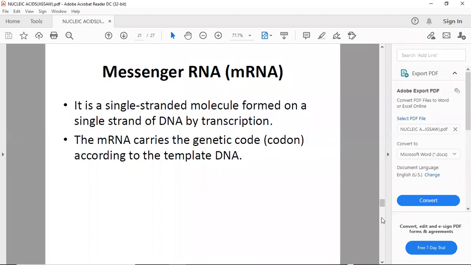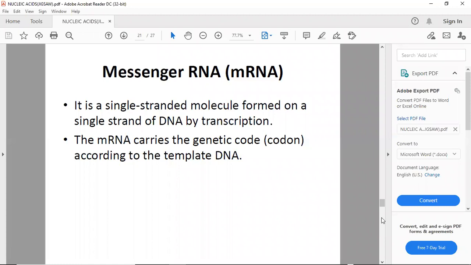So when you look at messenger RNA, it's simply a single-stranded molecule that is formed on a single strand of DNA by transcription, as we are going to be looking at transcription later or on another day. Messenger RNA is the one which contains the genetic code, according to the template of the DNA from which it was formed.